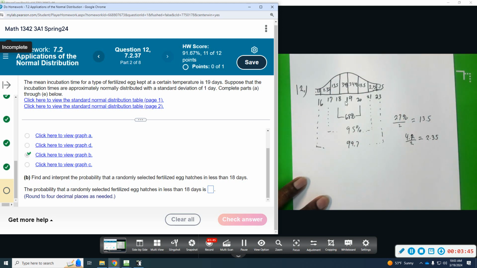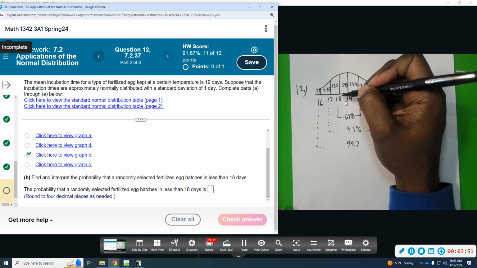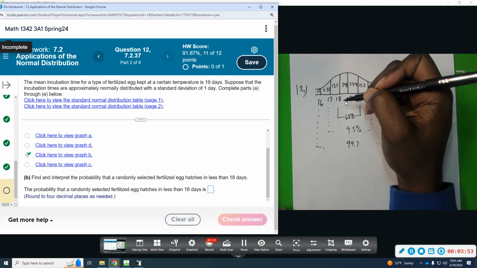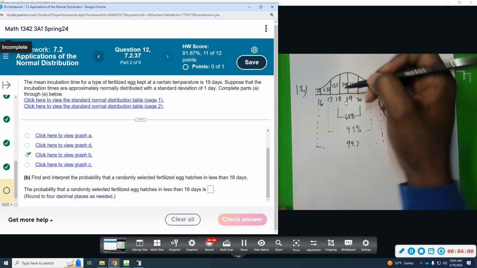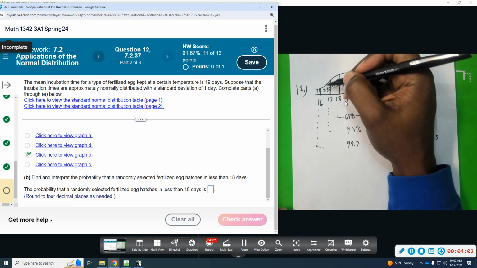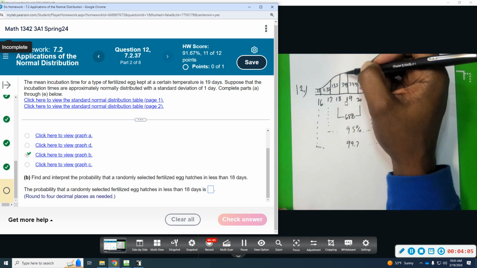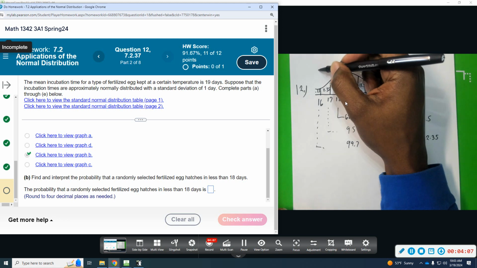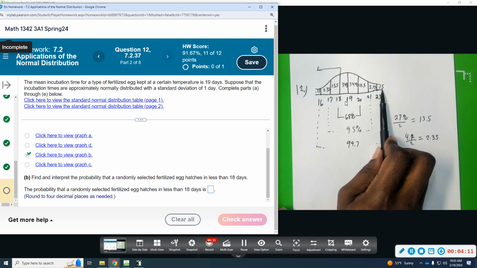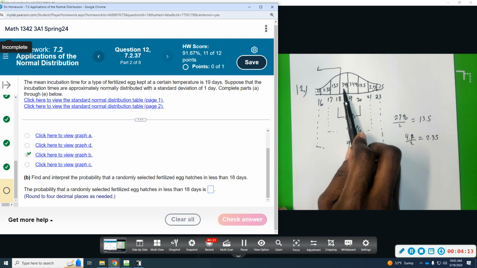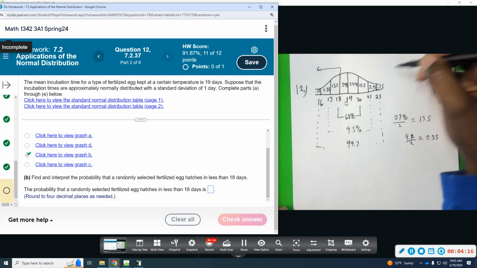So we can use standard normal in the chart, but we can also use our prior knowledge with the empirical rule. So less than 18, so that would be here and left, would be these three numbers. So that would be the 13.5, 2.35, and the 0.15 is this left area. Okay, so again, if I know that this is 50 plus 34, that is 84.